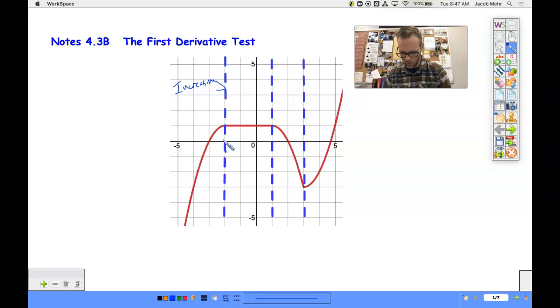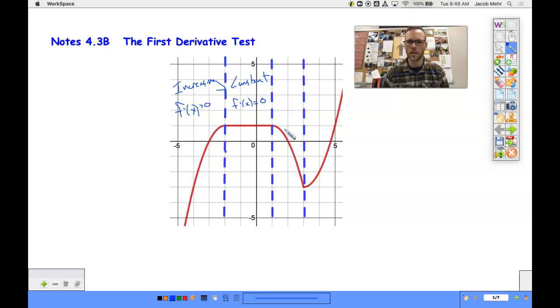So I'm going to make the note here that f prime of x is greater than 0, that the slope is always positive in that interval. Now when I look at the interval here, this is constant, isn't it? And what's the slope of every point in this interval? That would be 0.